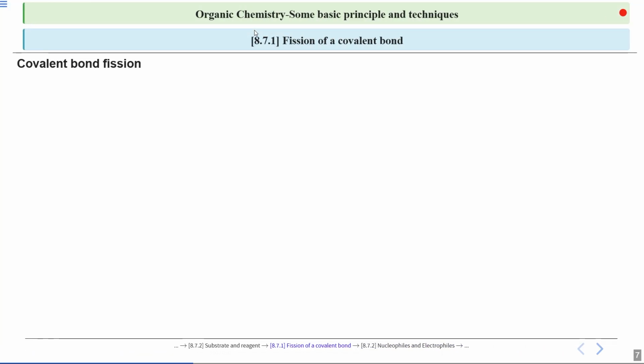Now moving on to the next one. Of course, when you are doing a reaction with covalent compounds, covalent bonds will be formed and broken. Now you will talk about this breaking of a bond, or fission of a covalent bond, on the basis of the pattern in which they are getting cleaved.